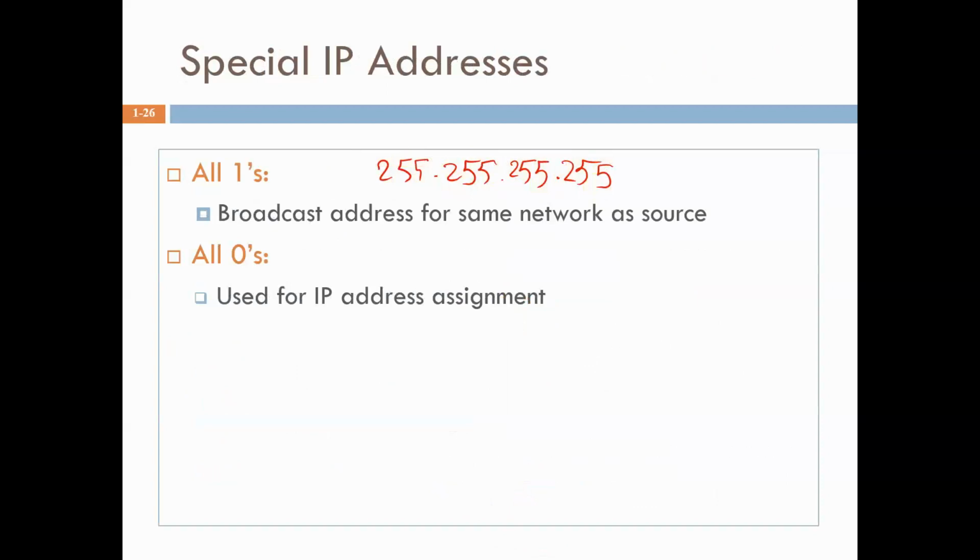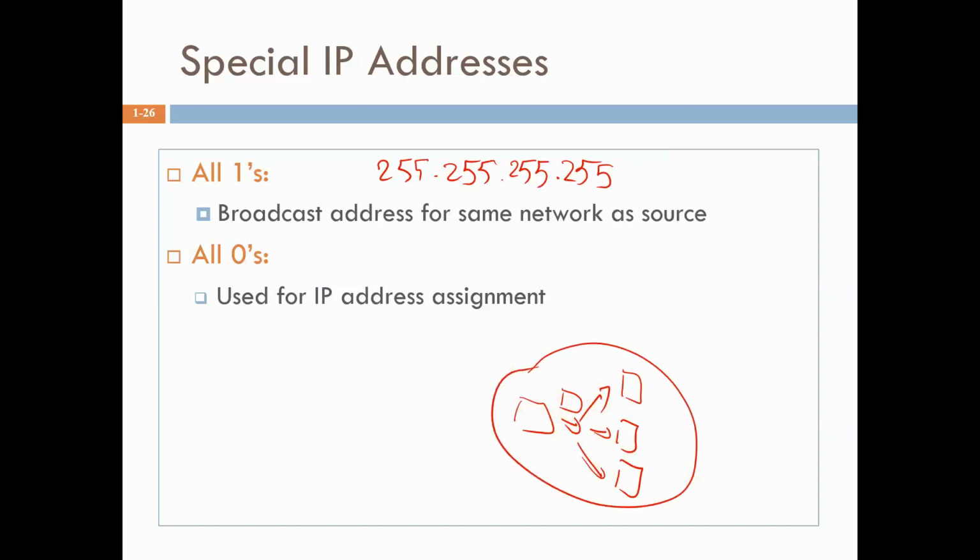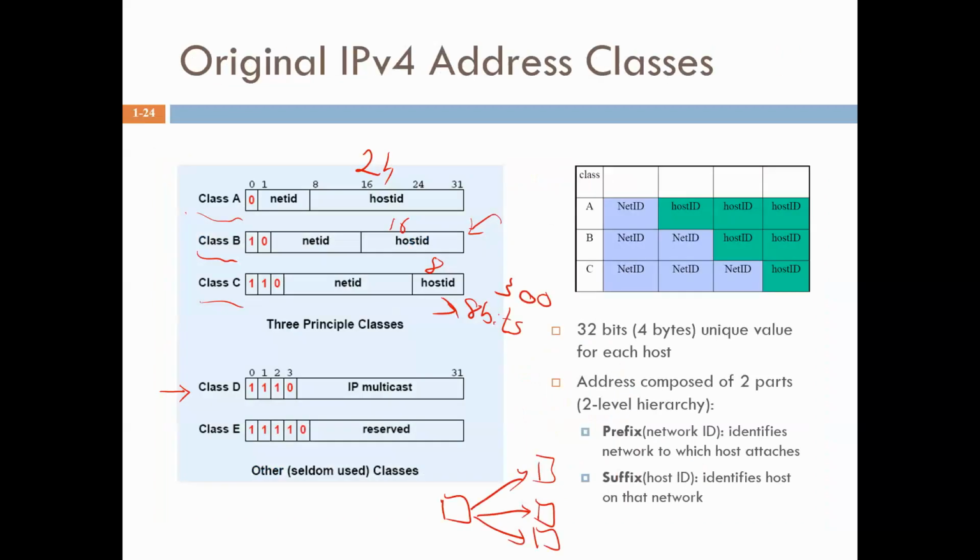It is called the broadcast IP address. When a device sends a packet with the destination IP address all ones, this packet is called a broadcast packet. This packet is received by everyone in the subnet. So when you send a broadcast packet, everyone in the same subnet would receive it.